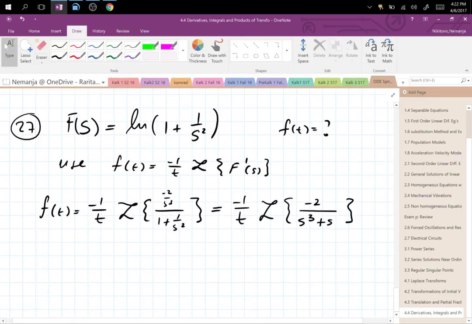And you see that now you can actually find that Laplace transform. That's the easy one. So it's the inverse Laplace of negative 2 divided by s times (s squared plus 1).